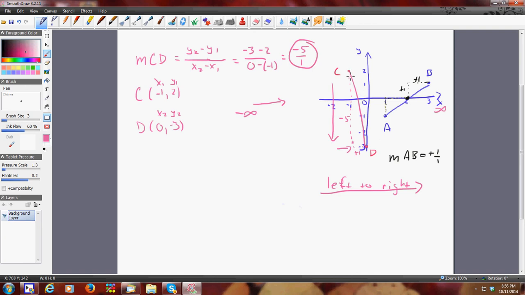And look how steep the line is. But from A to B, we're traveling up and to the right, and our slope is positive. We say that with a negative slope, the line is decreasing from left to right, and with a positive slope, the line is increasing from left to right. And that's it.